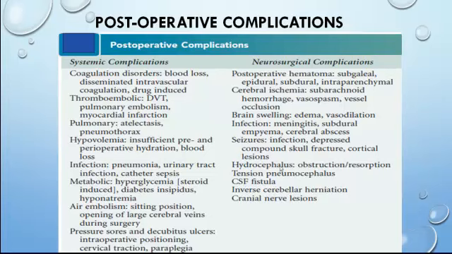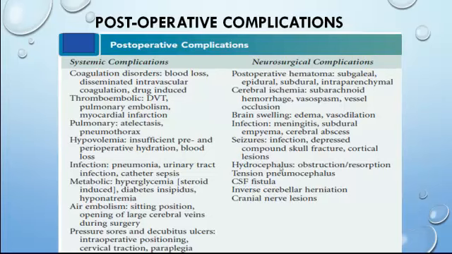The systemic complication is coagulation disorders, thromboembolic problems, pulmonary problems or hypovolemia, infection, metabolic problems, air embolism, and pressure sores due to prolonged immobilization. This is like the general complication that can happen to any major surgeries.